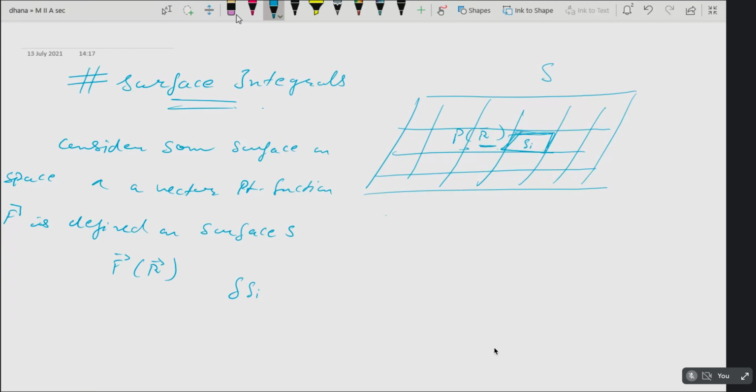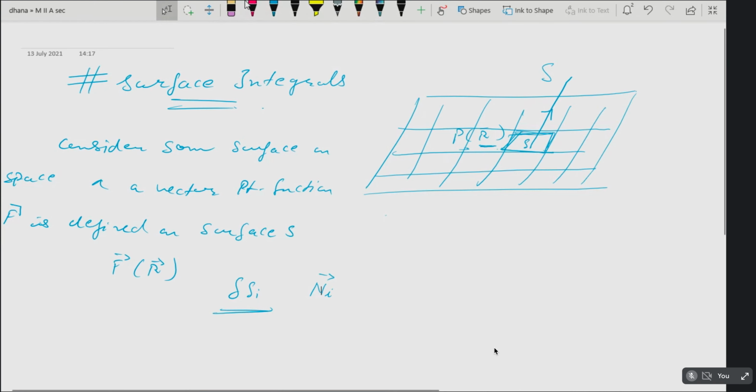Okay, and this surface will have some outward normal vector. Will it have or not? Some outward normal vector. It will have some area which I am writing as delta Si, and an outward normal vector which I am writing as Ni bar. Any letter, small n, capital N, doesn't matter.